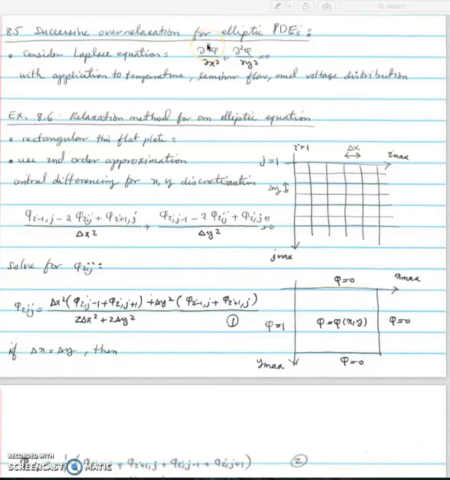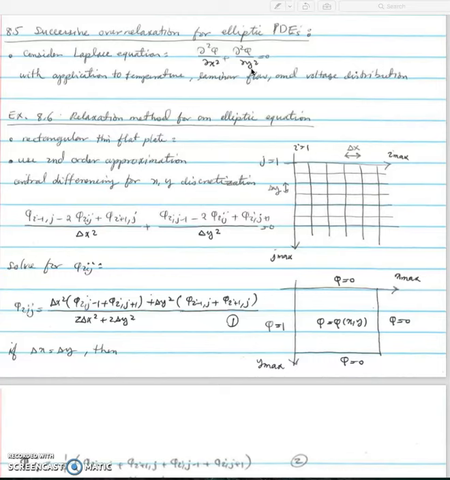This is in contrast to the heat equation, where we had time instead of y, and a first derivative on time. Now here we have the second derivative on y. So these are the two differences: instead of time we have y, and instead of the first derivative, we have the second derivative.